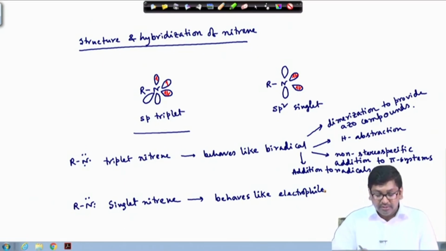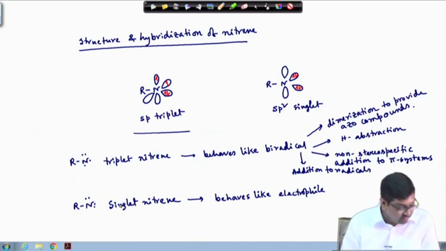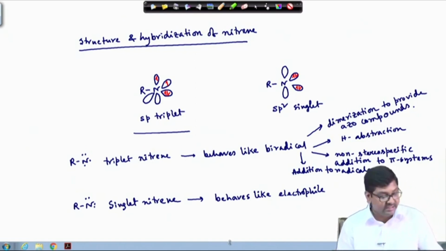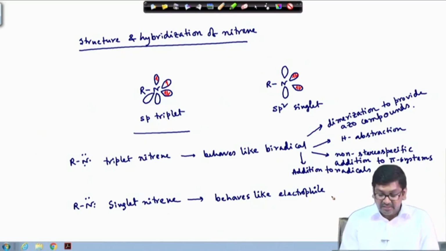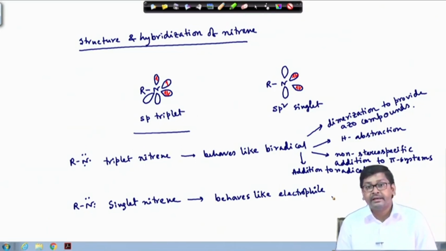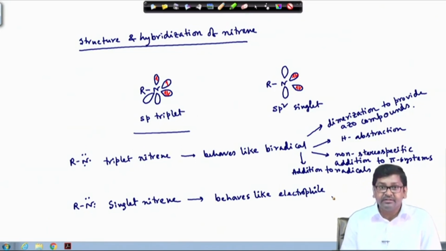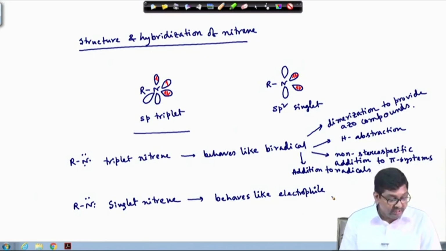So, if this singlet nitrene is behaving like an electrophile, what type of reactions can they give? In general, these are sp2 singlet nitrenes, and they will give similar carbene-type addition reactions, obviously in a concerted manner.